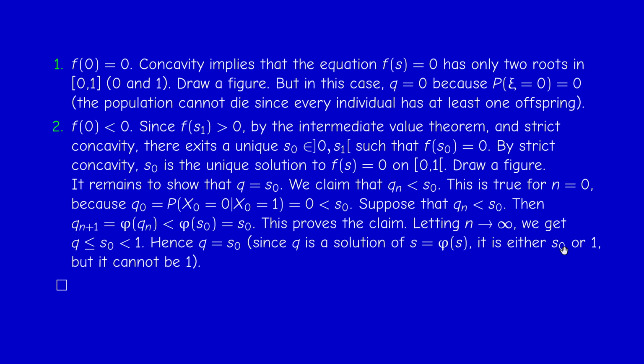So it must be either S0 or 1. It cannot be 1 in this case. So it must be S0 because Q is strictly less than 1. So we have two solutions, S0 and 1, and Q is less or equal than the smallest one. So it's necessarily equal because it cannot be 1. So necessarily Q equals S0, the smallest one in this case.